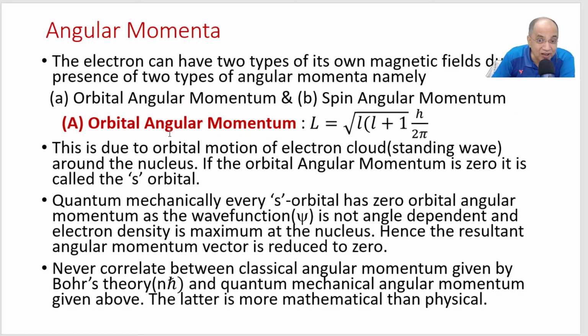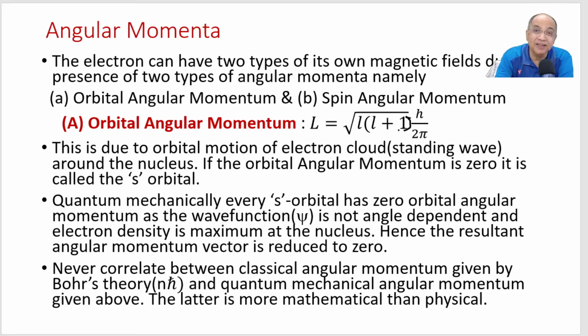And let's first start with orbital angular momentum. You already know that the orbital angular momentum is found out by this expression. Capital L, the orbital angular momentum, is root over small l into small l plus 1, into h cross, or h by 2 pi.